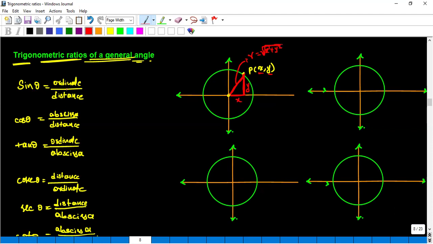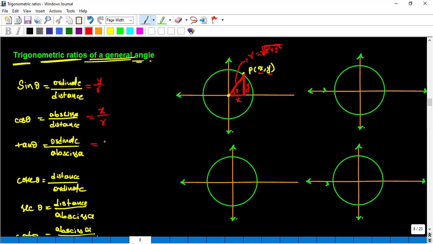Now sine theta you can define as ordinate divided by distance from the center. Here you are taking the angle theta. This is theta. Opposite by hypotenuse, which is nothing but y by r. R is the radius. You need to understand. Then what is cos theta? Adjacent by hypotenuse, x by r.